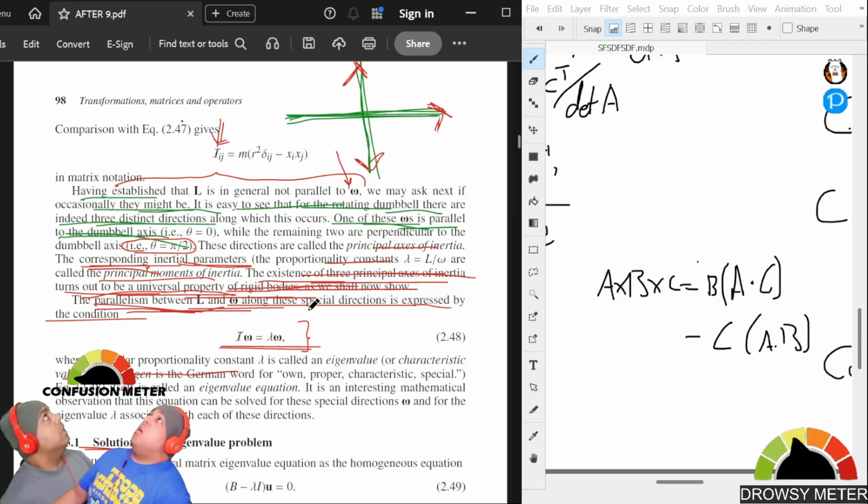The parallelism between L and omega along these special directions is expressed by I omega equals lambda omega, where the scalar proportionality constant is called the eigenvalue of I. Eigen is the German word for special, characteristic, proper.